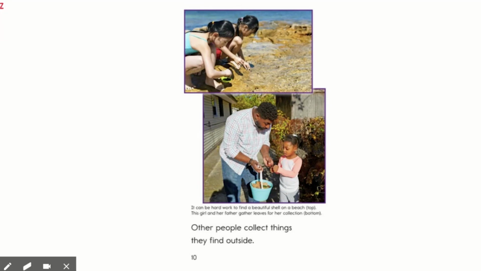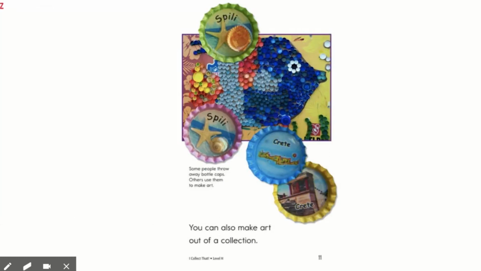The caption for the top photograph reads, "It can be hard work to find a beautiful shell on a beach." The caption for the bottom photograph reads, "This girl and her father gather leaves for her collection." You can also make art out of a collection. Some people throw away bottle caps. Others use them to make art.